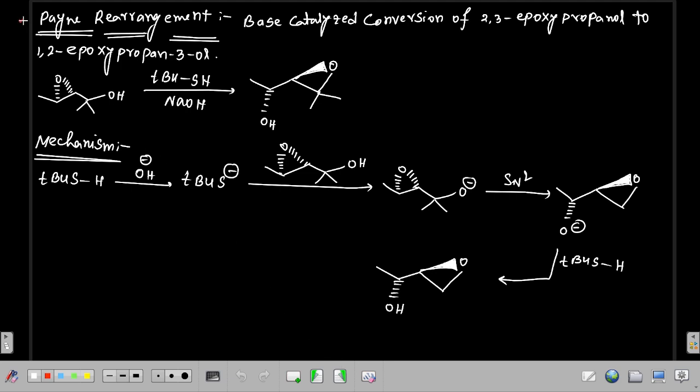Next rearrangement reaction is Payne rearrangement reaction. So this is a base catalyzed conversion of 2,3 epoxides, like 2,3 epoxy propanol.